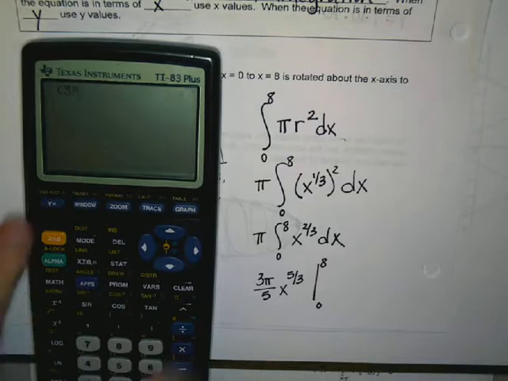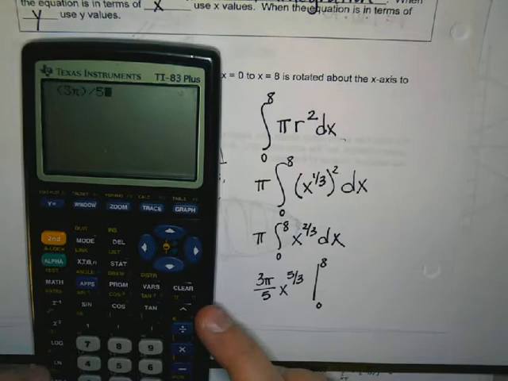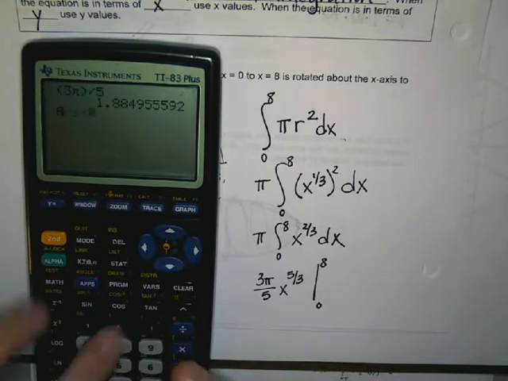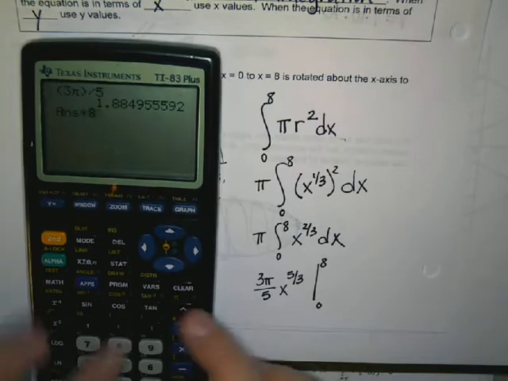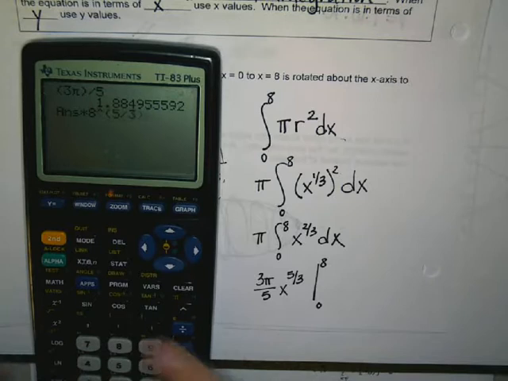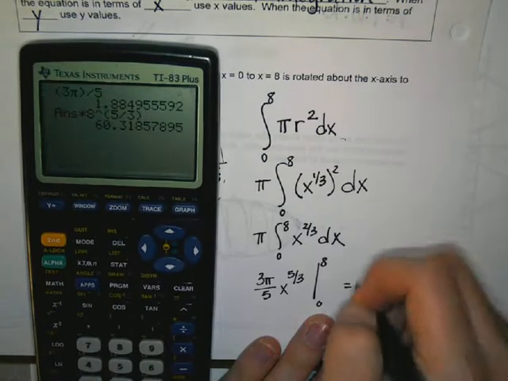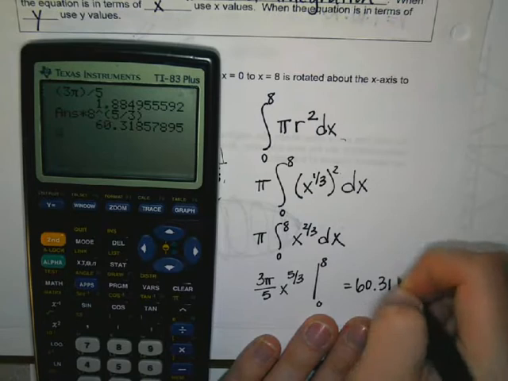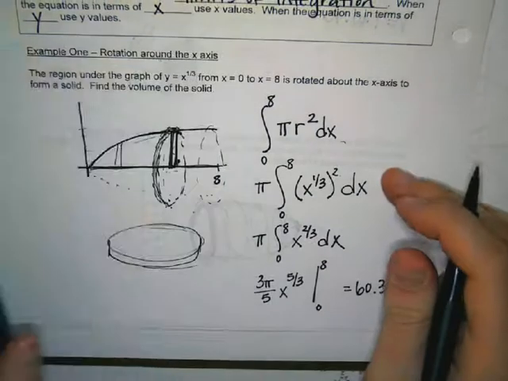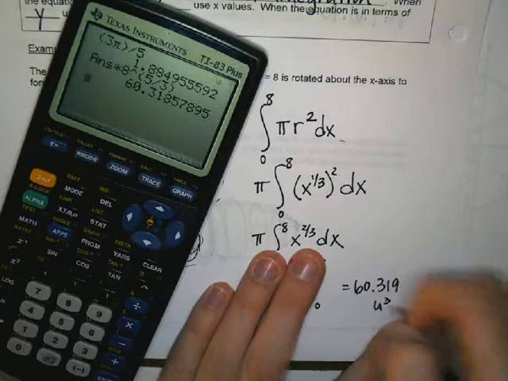So 3 pi divided by 5 times 8 to the 5/3 gets me 60.319, and this is going to be units cubed because you're talking about volume.